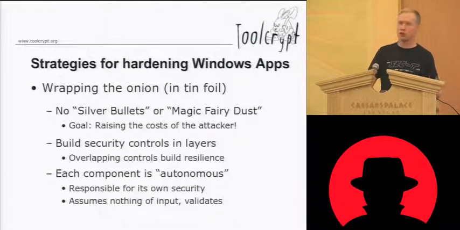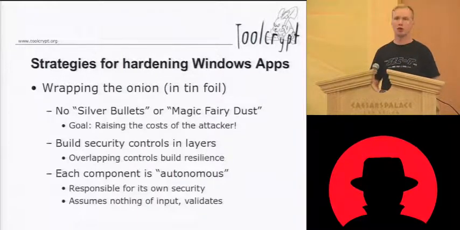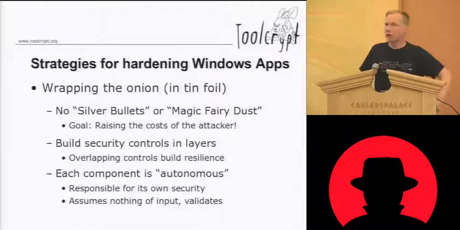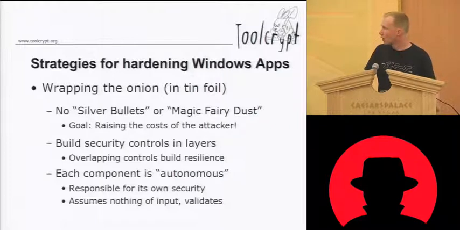So we need to build security in as overlapping layers. Even if one of these layers isn't perfect, there will be another one underneath, and another one. And hopefully either an attacker won't get through all of them, or it will be at least very costly for them to do so.